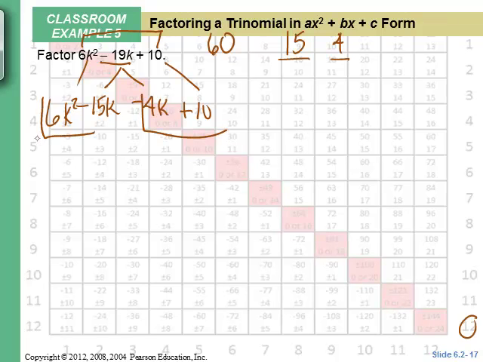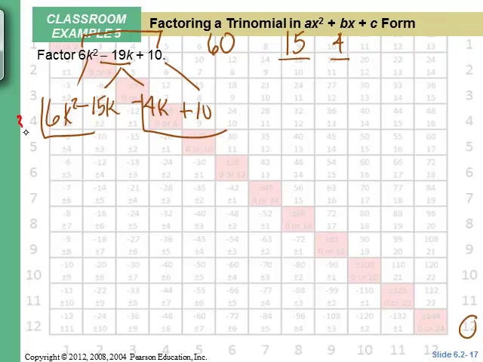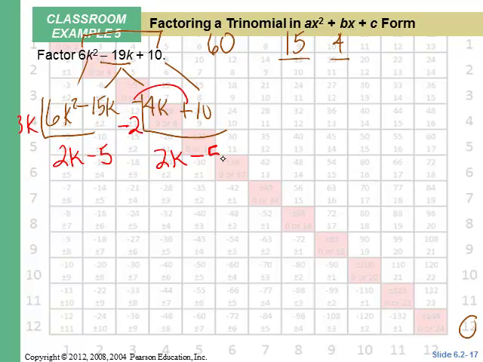Can factor a 3k out of the first two, and we're left with 2k minus 5. Factor a negative 2, see that negative sign, out of the second two, and we're left with 2k minus 5.